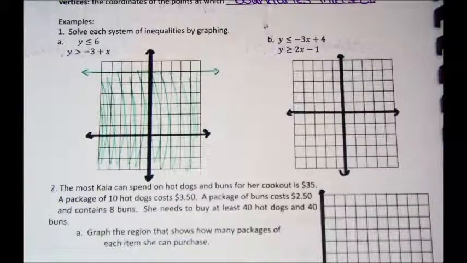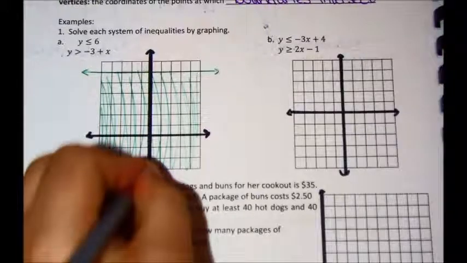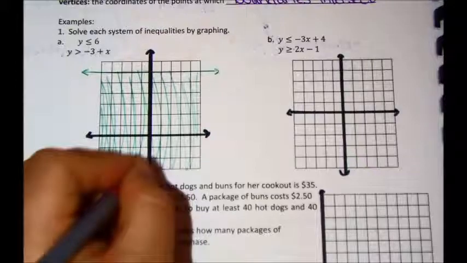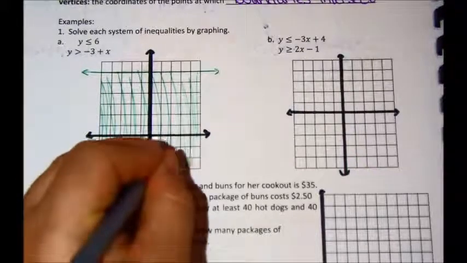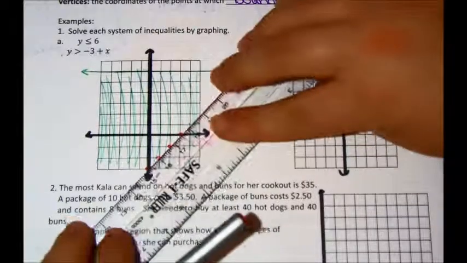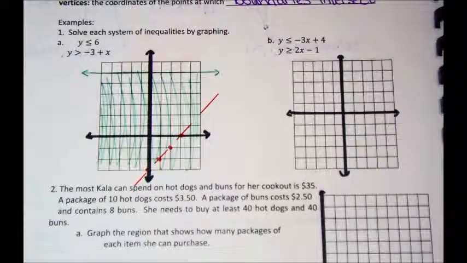In the next problem, y is greater than -3 plus x. -3 is my y-intercept, so we're going to go down 3 and put a dot. My slope is 1, so we're going to go up 1, right 1. I know that this line is dotted because it does not have an equal to symbol. It says that y is greater than -3 plus x, so I'm going to shade up.